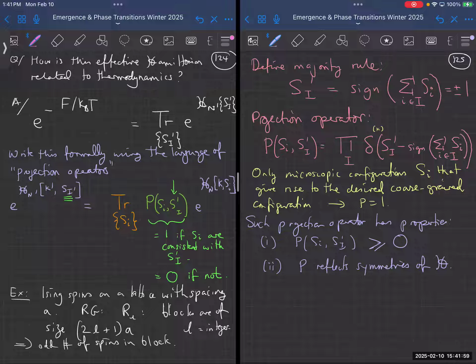In our particular case, we have a Hamiltonian where there's a symmetry between spins up and spins down. The same thing will be true with this projection operator, so it's symmetric under all the spins going to minus and plus. And then the third thing is that if I take the sum over all possible coarse-grained configurations of P of Si prime, then that is equal to 1.